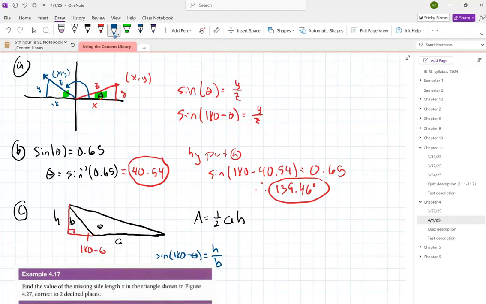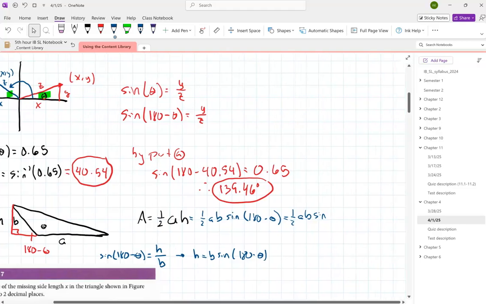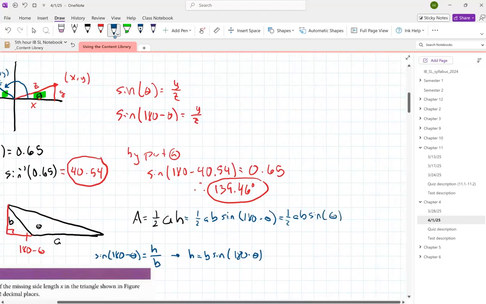So the height is B times sine of 180 minus theta. And I know that sine of 180 minus theta and sine of theta are the same if theta is between 0 and 180, which is just what we did before. So we're done.